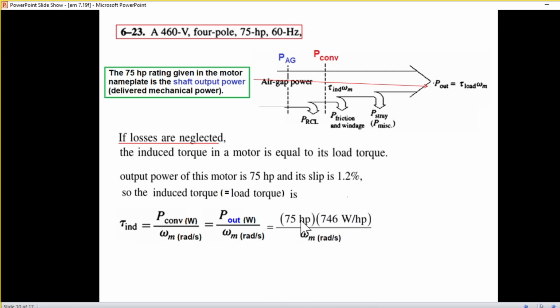So 75 HP, and we convert HP into wattage, multiply by 746 and divided by omega m. We don't know omega m as yet. This is the mechanical shaft speed in radians per second. So we have to calculate this.